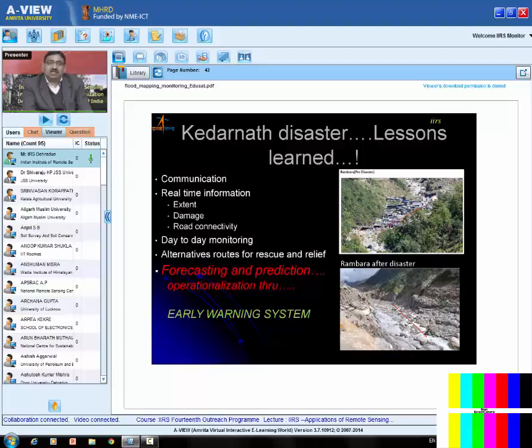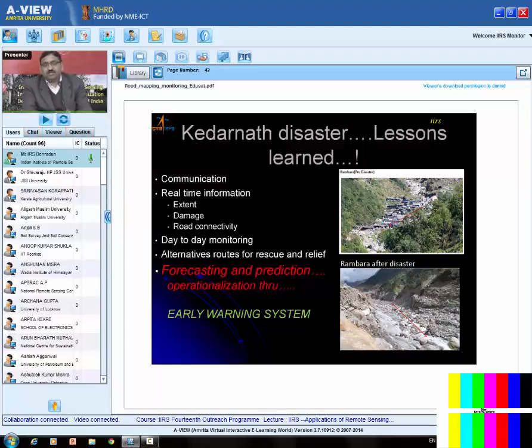Was there any alternate mode of connectivity? Day-to-day monitoring. So the question arises, how to avoid such a scenario? This leads to forecasting and prediction, and we have to operationalize this through an early warning system.